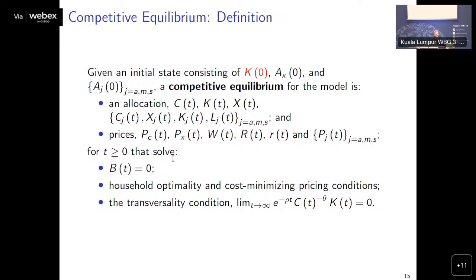And then there's a couple other conditions. One is I mentioned that these bonds are just in there to price things, so we say that those have to equal zero. You solve your optimality conditions. And then there's this transversality condition, that the value of the capital stock asymptotically goes to zero.